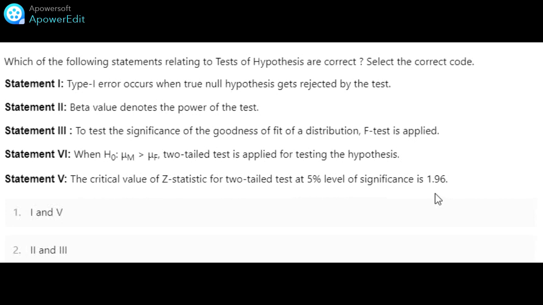So before going into the correct answer, let's discuss some points in detail. First of all, what is hypothesis testing? I have already told about it when I was starting this class.